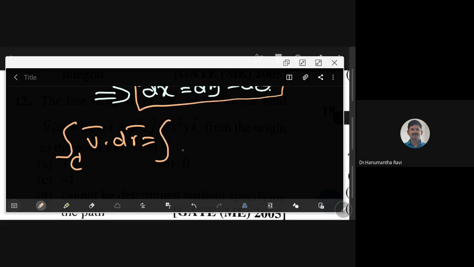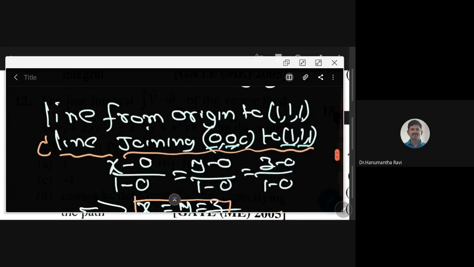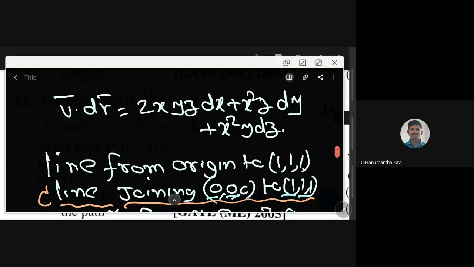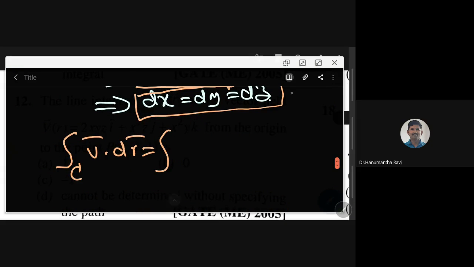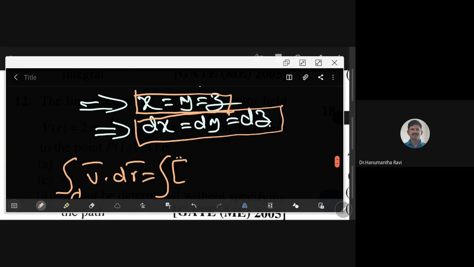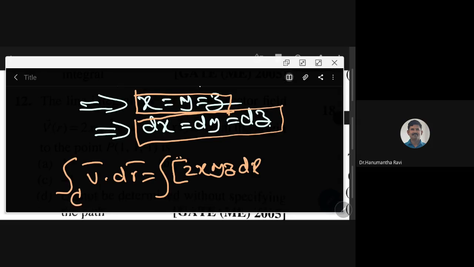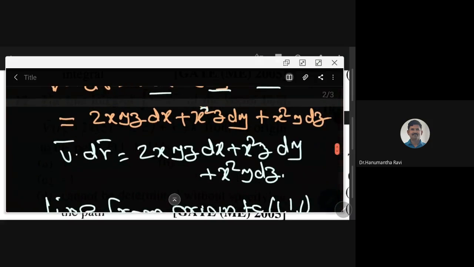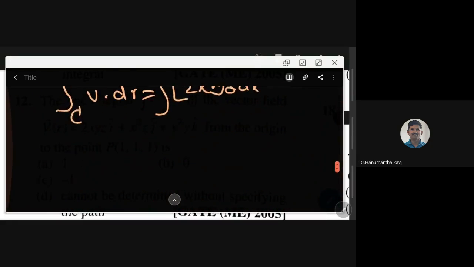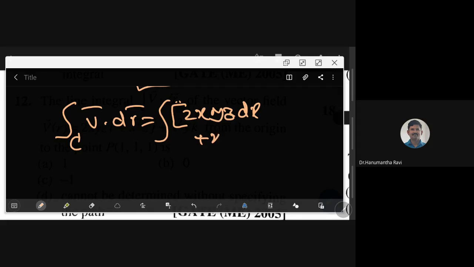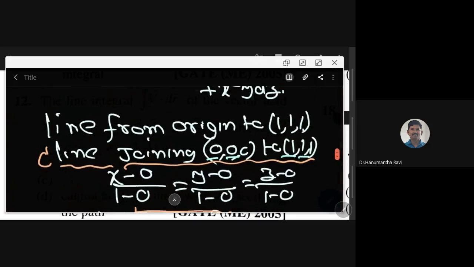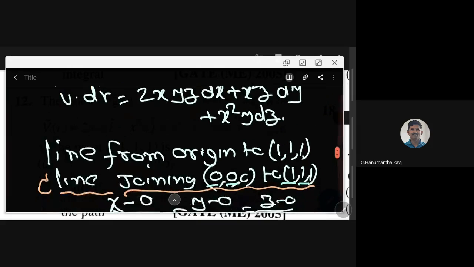I am simply substituting V bar dot dr bar here: the integral of 2xyz dx plus x square z dy plus x square y dz.